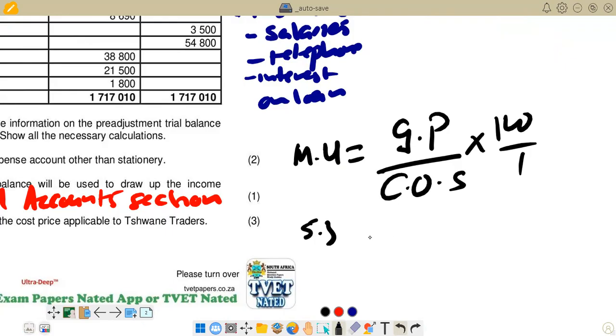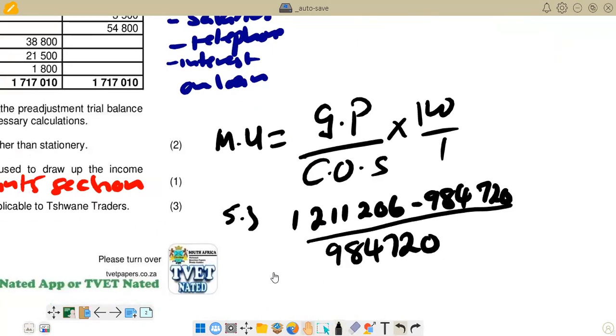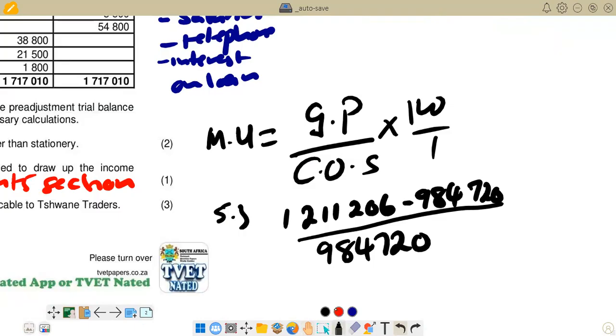Our gross profit, we are going to say 1,211,206, and then we subtract our cost of sales, which is 984,720. Then we say over the cost of sales, which is 984,720. And obviously, we are going to multiply by 100 over 1, so that we leave it as a percentage.